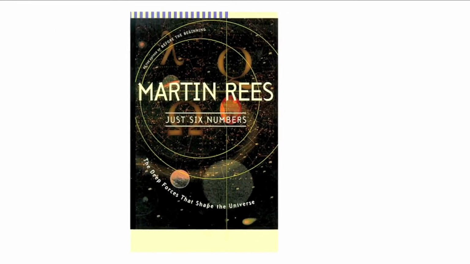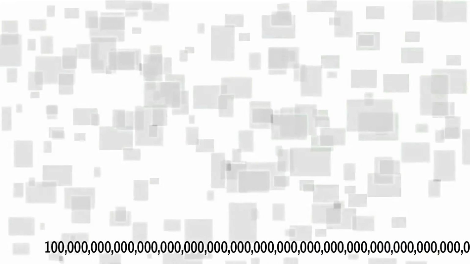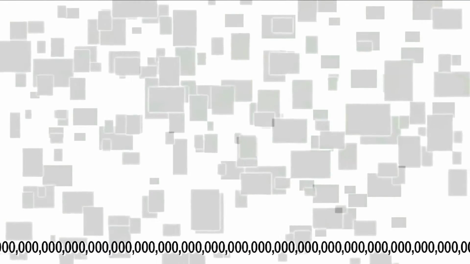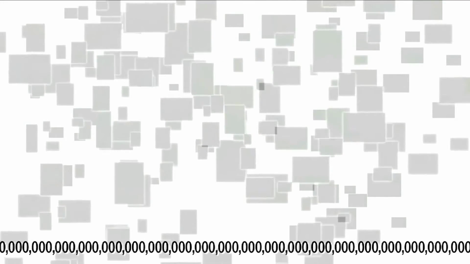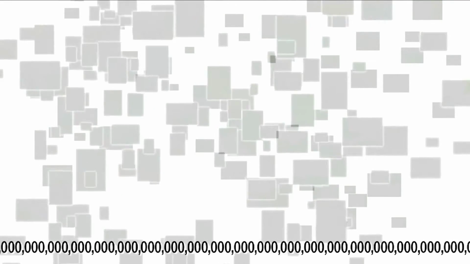Coincidentally, as we talk about the sixth dimension, it's interesting to note that cosmologist Martin Rees has told us only 6 basic physical constants need to be defined to create our unique universe. Check out his book, Just 6 Numbers, The Deep Forces That Shape the Universe, for more about these concepts. It's also interesting to note that string theory predicts there could be 10 to the power of 500 other universes out there in the multiverse landscape, each with its own unique physical laws.